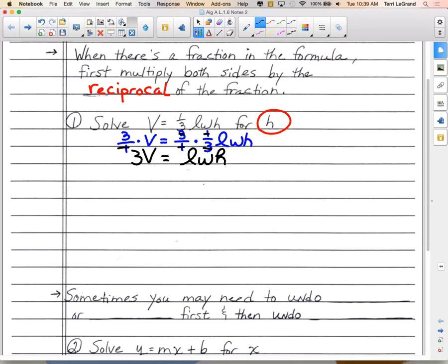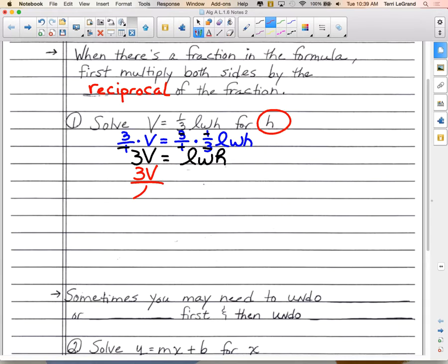Now, it's the H we want alone. So what do you think we could do as our next step? You would divide by the L and W. Okay. We don't want to divide by the H because we want the H to stay there. So we look at that side and we say H is being multiplied by LW. So we need to divide by LW.